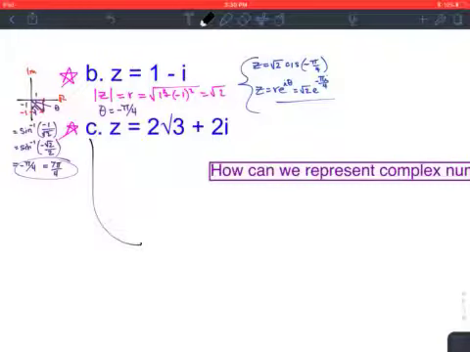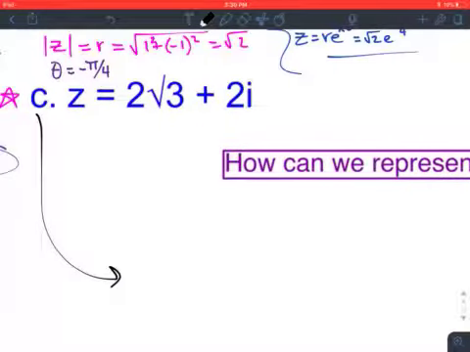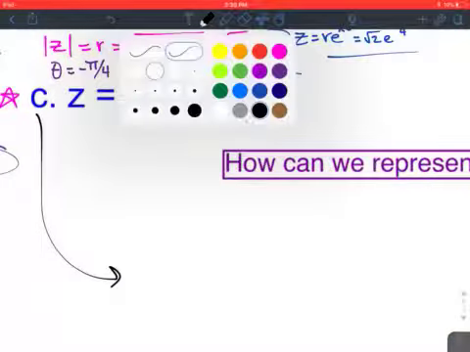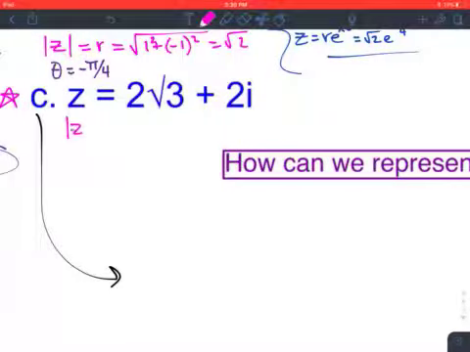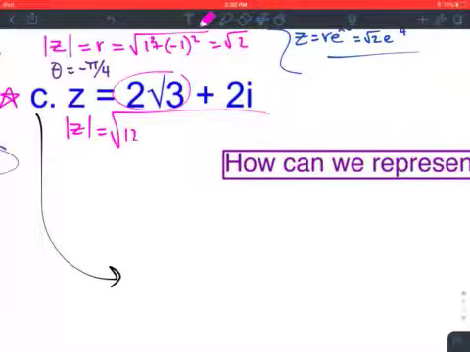If you want to do C, well, let's find out what the modulus is. Let's see, square root, if we square this, we get 4 times 3, so that's 12, plus, if we square this, we get 4, square root of 16, and that is equal to 4.